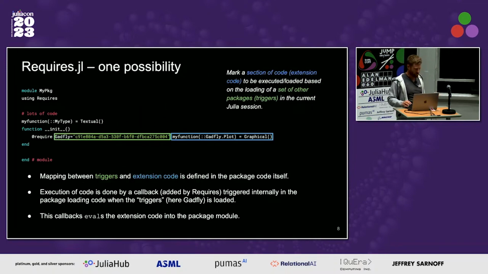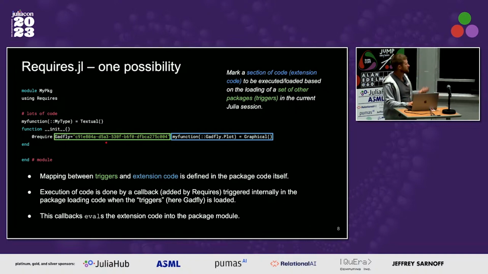So one way to do this is with the Requires.jl package, which has been used for a very long time, and it's done a very good job of solving this problem. So in that case, you add Requires as a dependency, you load it, and then we have a section of code here, which is in blue. This is the section of code we want to run, conditioned on, in this case, Gadfly being loaded. So we have another package that we want to load, which is Gadfly.